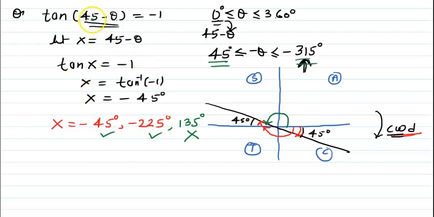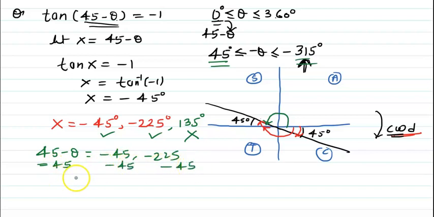Now replace x with 45 minus theta, that is minus 45 and minus 225. Minus 45 both sides, so it should be minus 45 and minus 45.